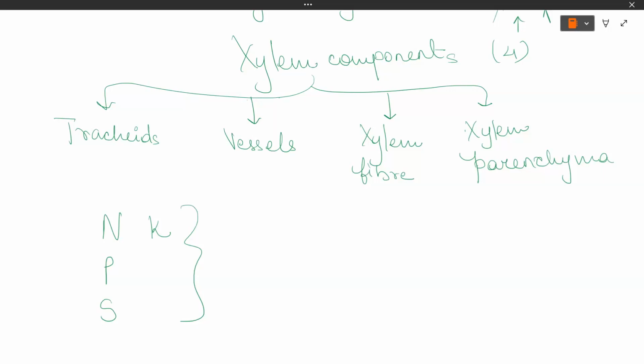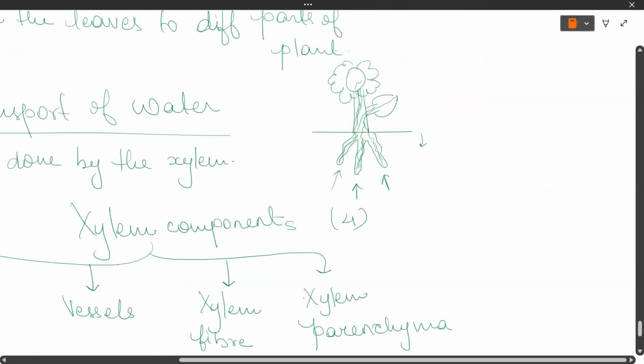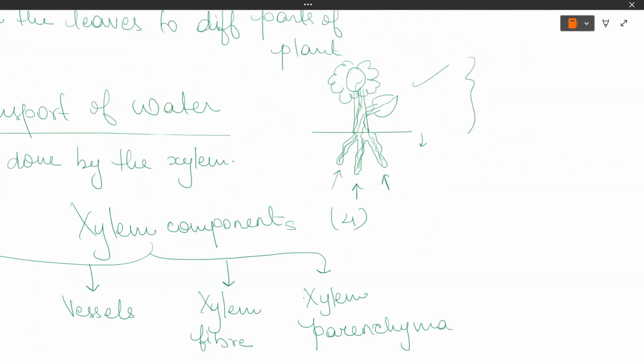So let's see how that works. For example, right now during the absorption, in this ugly flower, what happens? The soil has nitrogen, phosphorus, sulfur and everything. It is present in more number in the soil and in less number in the case of roots, isn't it?